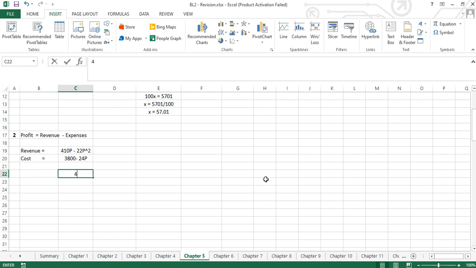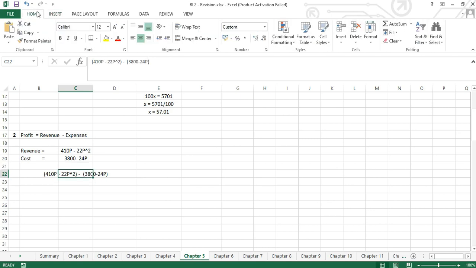Therefore, profit equals 410p minus 22p to the power 2, the entire thing, minus 3800 minus 24p within brackets, will be equal to profit.